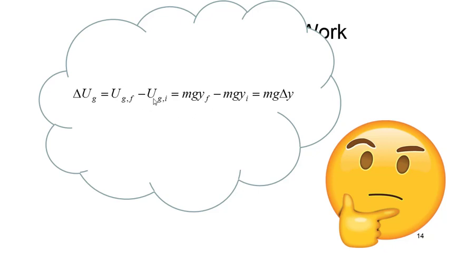And your initial potential energy due to gravity is just equal to mg times y initial. So I could factor out the mg, and you're left with mg times y final minus y initial, and y final minus y initial is just the same as delta y. So that's why I can write delta U is equal to mg delta y.